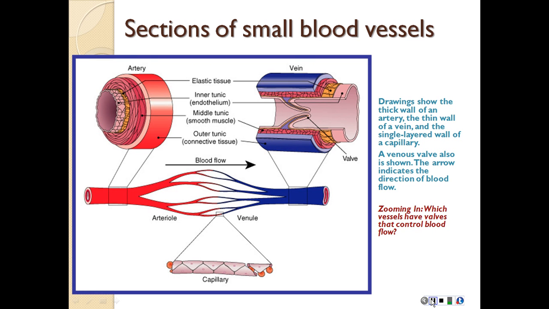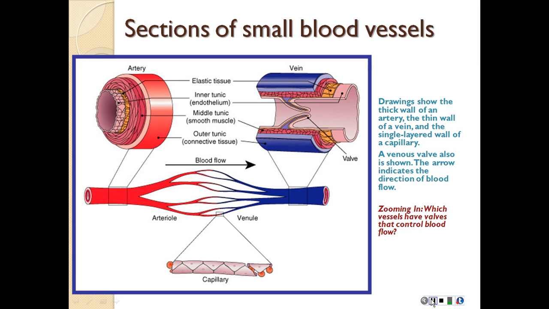In capillaries, notice they don't have all those layers. The capillaries just have one layer of cells, and that is the endothelium. The endothelium is continuous through the inner surface of the heart and also the inner layer of the blood vessels. And the capillaries, again, are just one layer of cells.